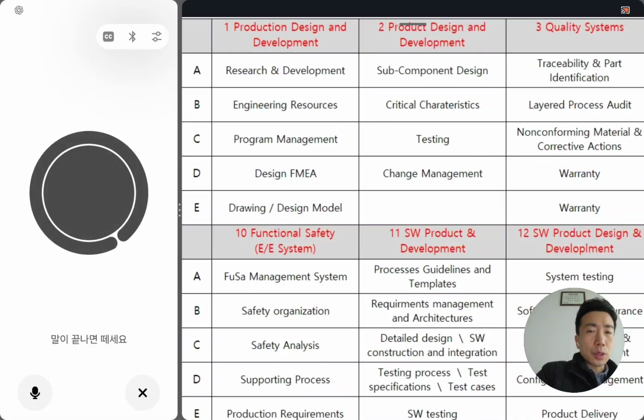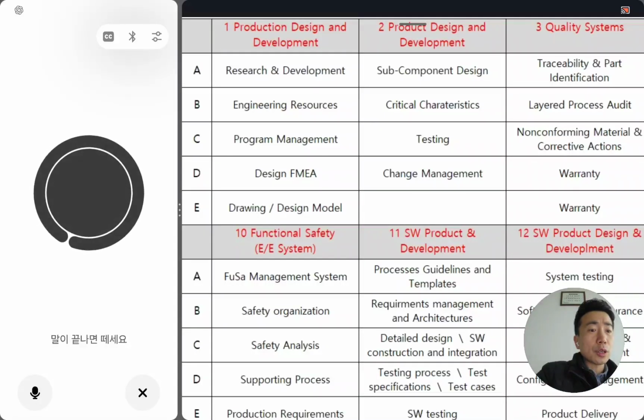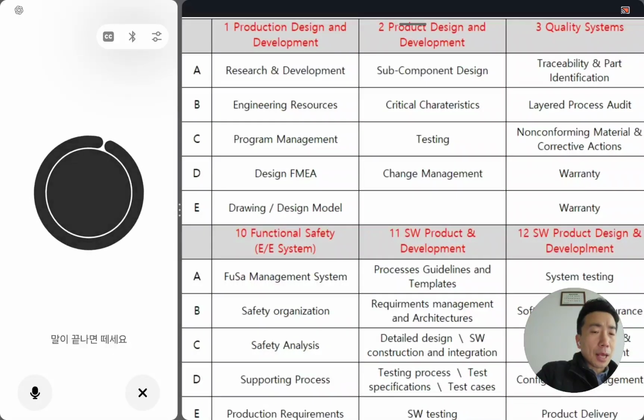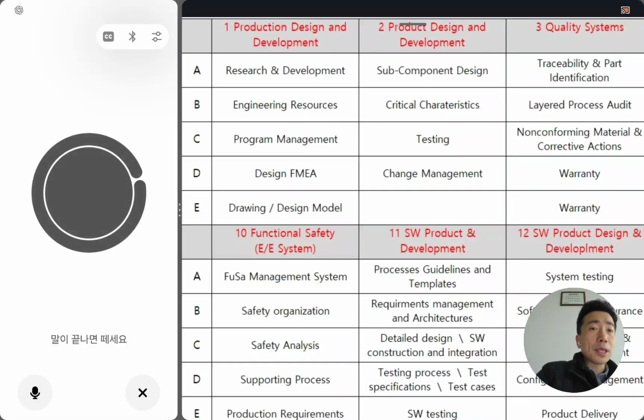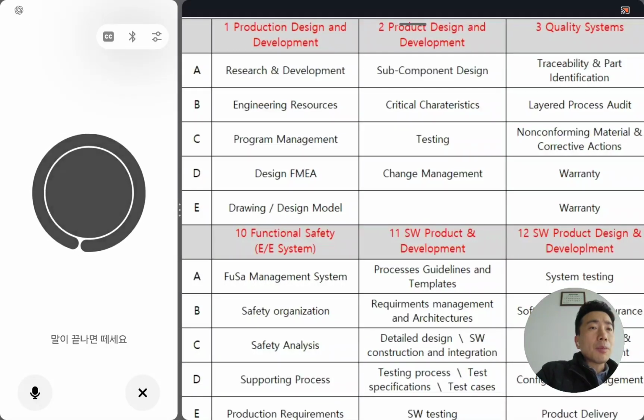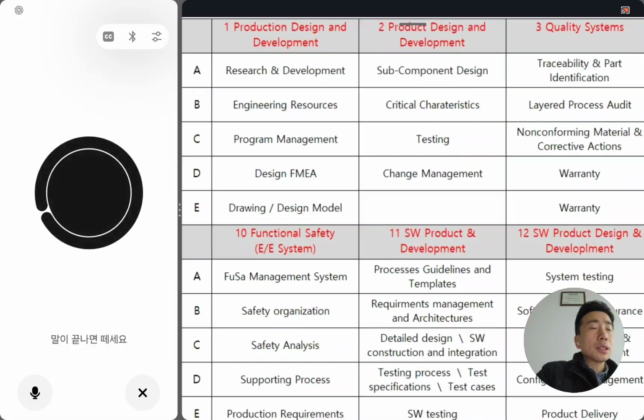GPT, I told you, I shared an image and I am recording our whole conversation and my tablet screen.